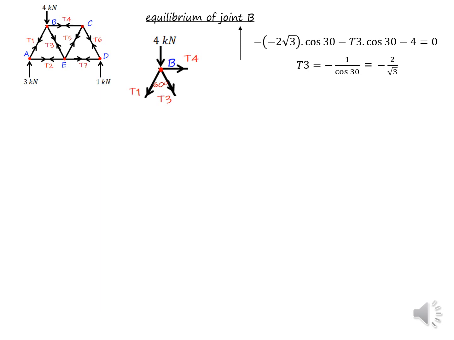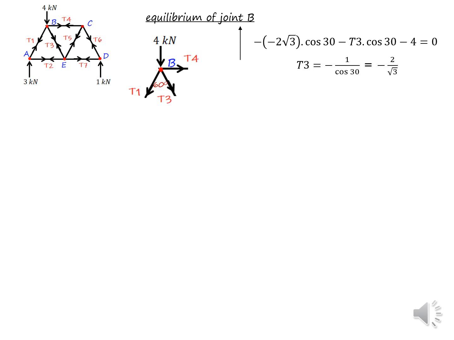And also the next force component for the vertical equilibrium, minus T3 cos 30. Minus is because of downwards. T3 cos 30 is the vertical force component, and minus 4 is due to the external force downwards.